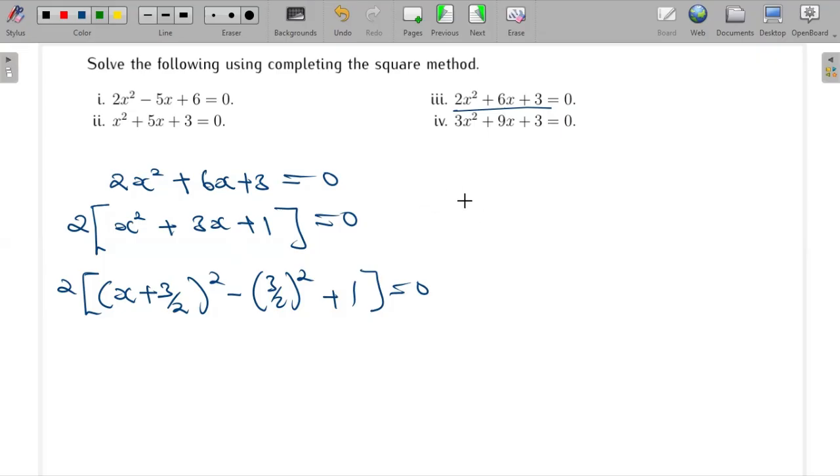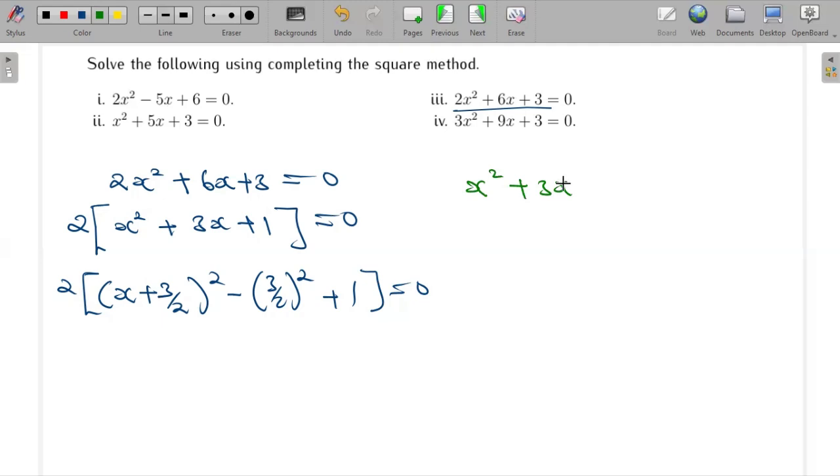So let me just now demonstrate where this is coming from. Pay attention to what is just inside. If you have x squared plus 3x, we make a special 0 here.